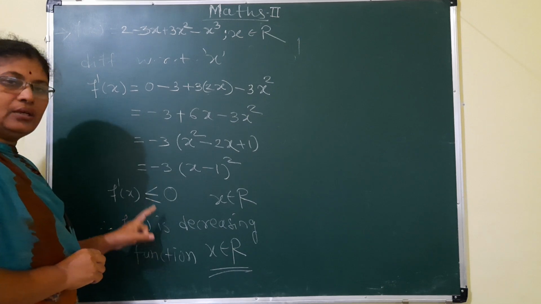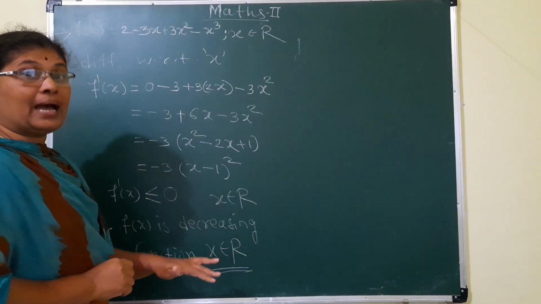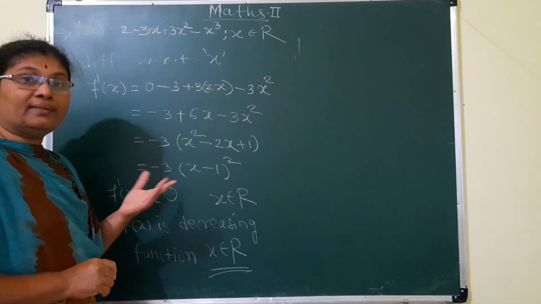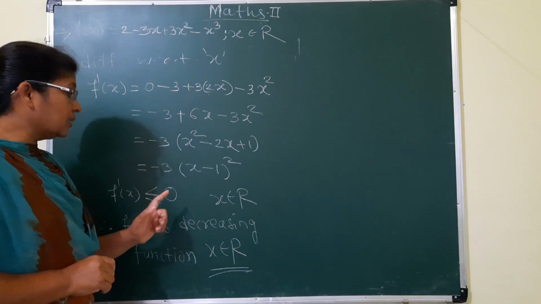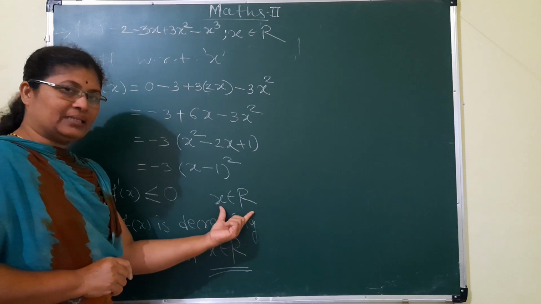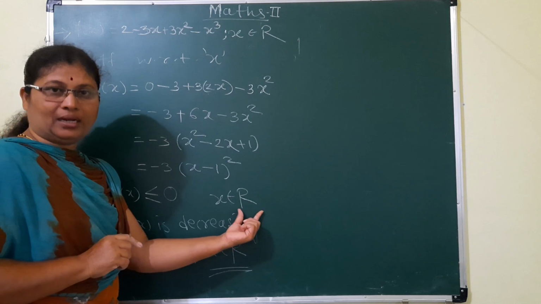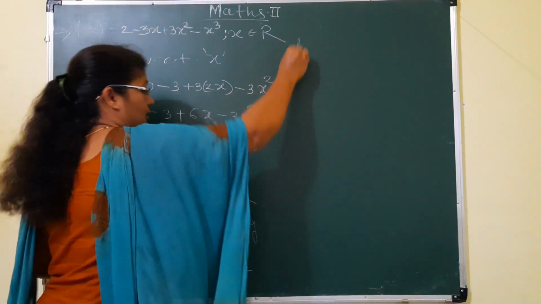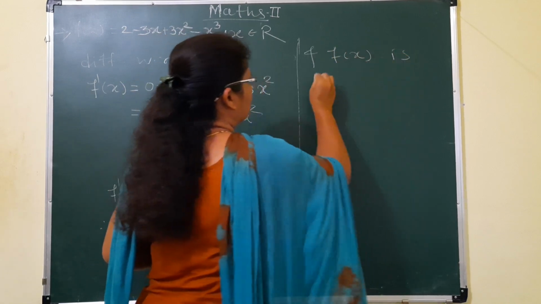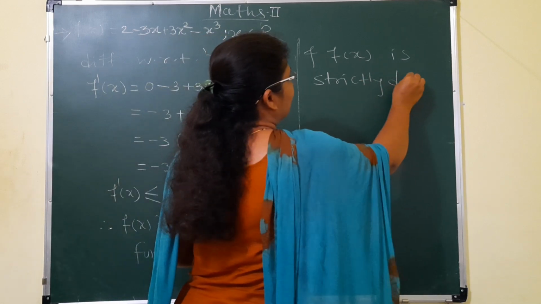And if it is asked that it is strictly decreasing, when will it be strictly decreasing? If x is not equal to 1. Means at that time I have to subtract the singleton 1 from the set of real numbers. So I can mention that here, and f of x is strictly decreasing.